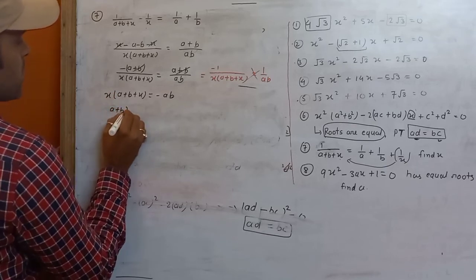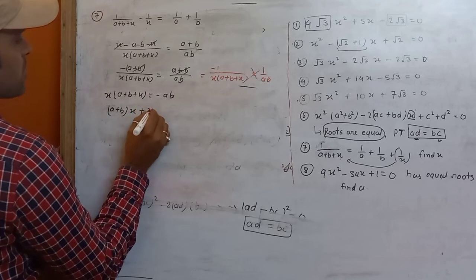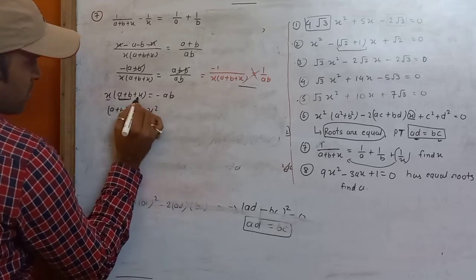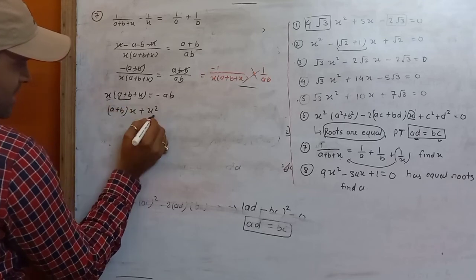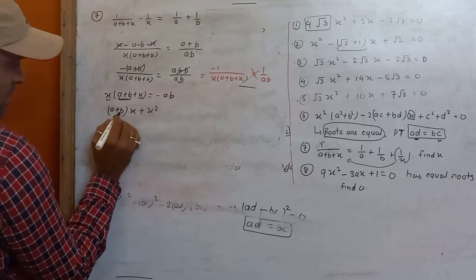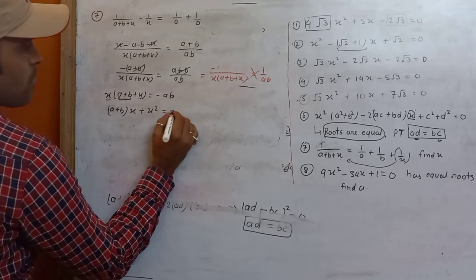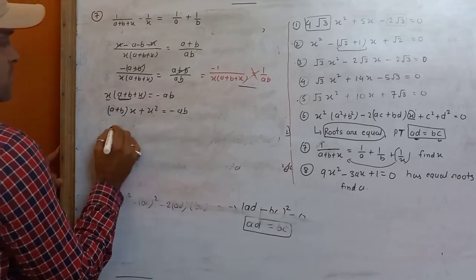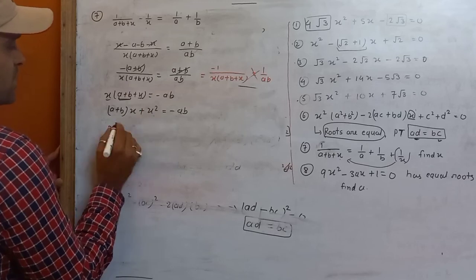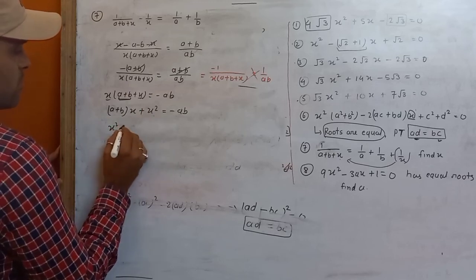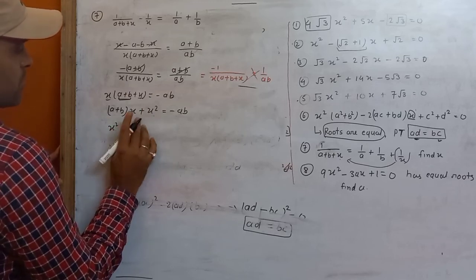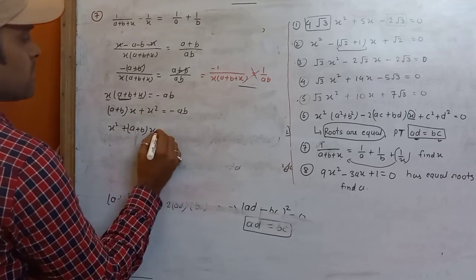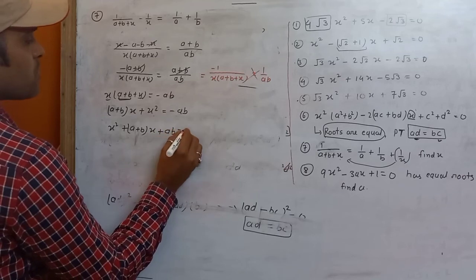Multiply this x with the whole (A plus B plus x): we get x square and x multiplied by (A plus B), here plus AB. Take it to the left side. So rearranging it, x square plus (A plus B)x plus AB, which is 0.